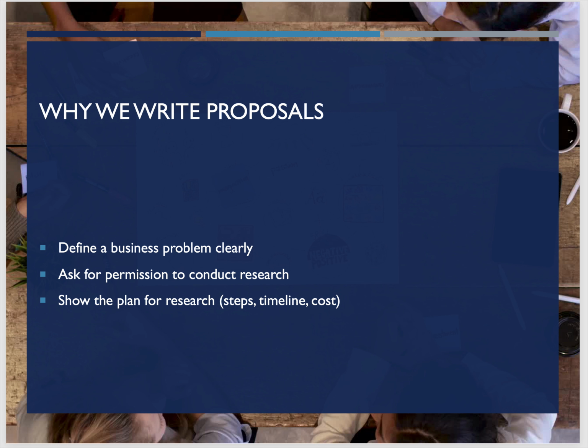So we're defining the business problem clearly through research, asking for permission for time off to conduct the research, and showing the plan for the research. In your proposal, you also want to say, if you say yes, if you say okay, I can have the time off to conduct this research, this is what I plan to do. If you went to your boss where you work now, in real life, and said, I have a problem, can I have 2 weeks off to research it?